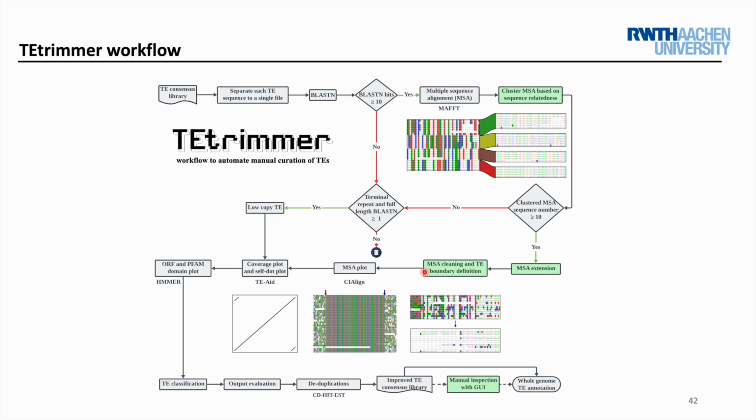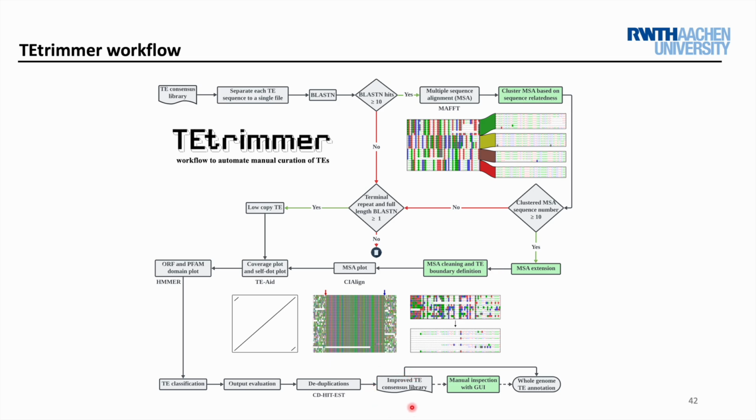And now you are clear why we need to do multiple sequence alignment cleaning. And here are the generated plots, ORF and PFAM domain plots, TE classification, output evaluation and deduplication. For those steps, I will not cover them in this video. So you can just go to our TEtrimmer paper and read it. Definitely you can find more details there.